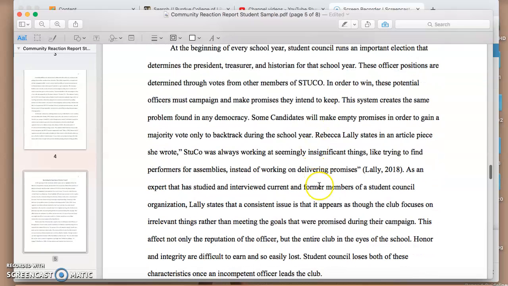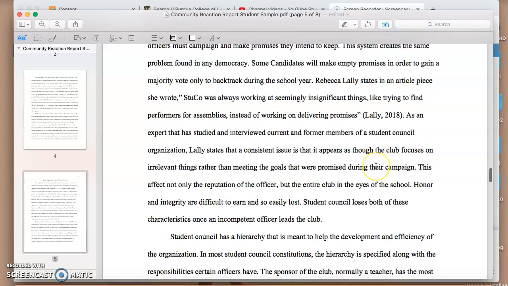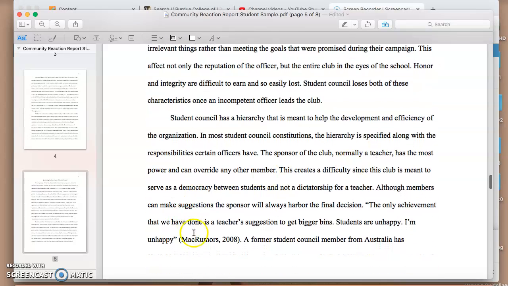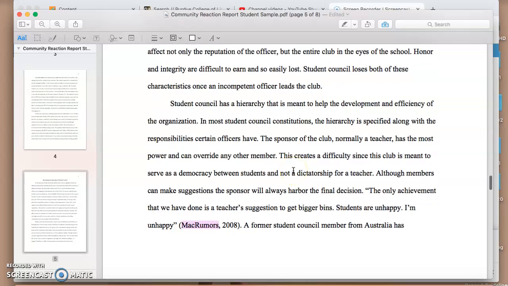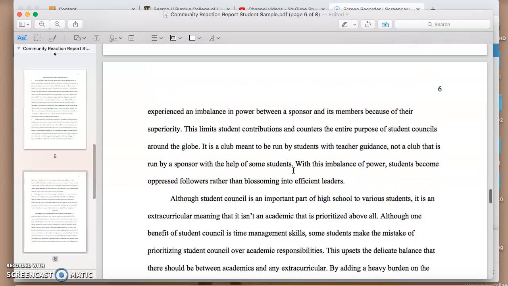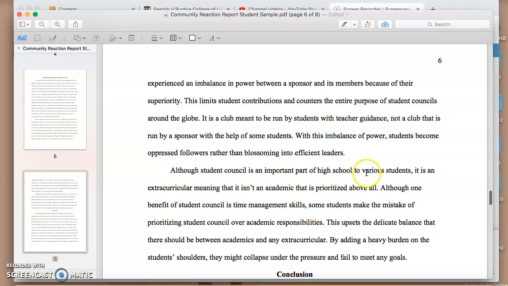Questioning, so what else? Here's another one, right? It's a quote. It's an article, it looks like, right? And then McRumors, there's a different one. Good. All right, let's see what else. I would argue she might want to add one more source somewhere in here so that it's not too much of her own writing.